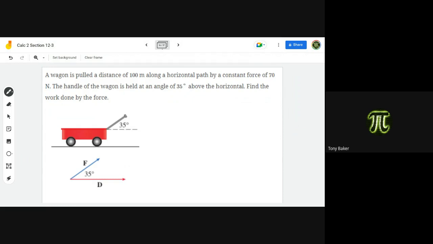So remember, the work is the magnitude of the force times the magnitude of the displacement times the cosine of the angle. In this case, my force was 70, my displacement was 100, and my angle was 35 degrees.